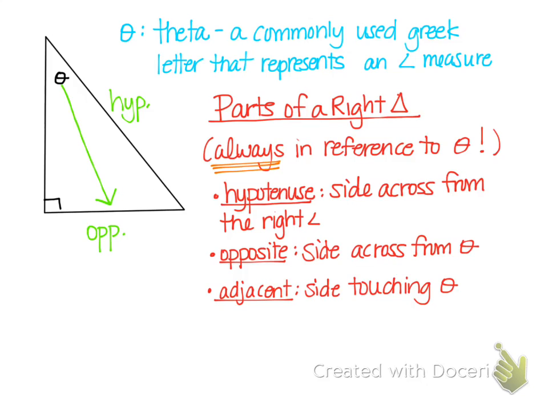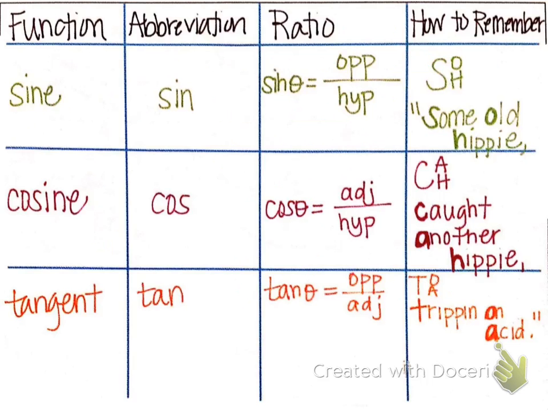So this right here is the adjacent. ADJ is touching theta. Remember, theta is this angle, and the side is touching the angle. All right, but it's always important that you label them in reference to the theta that is given to you. Or sometimes the angle is given to you, just whatever angle is given to you, the opposite and the adjacent are dependent on it.